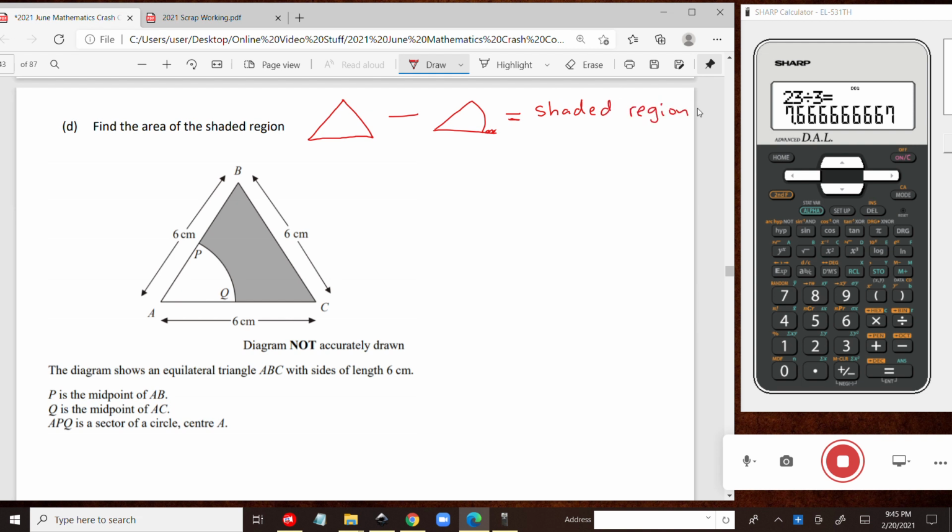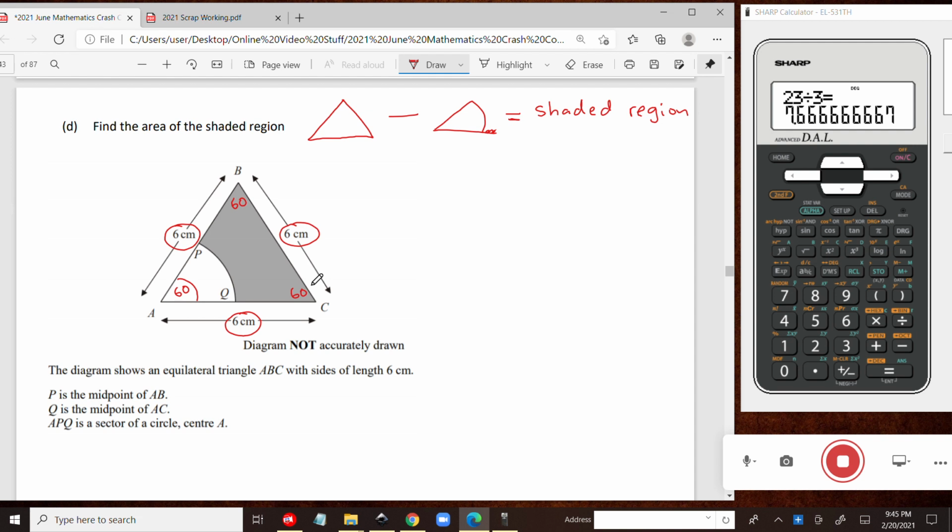So let's start off with, well, this here is definitely an equilateral triangle because all the sides have the same length. And what do we know about an equilateral triangle? All the angles are what? 60 degrees. So we know here is 60, here is 60, and here is 60. So let's just get that out of the way.